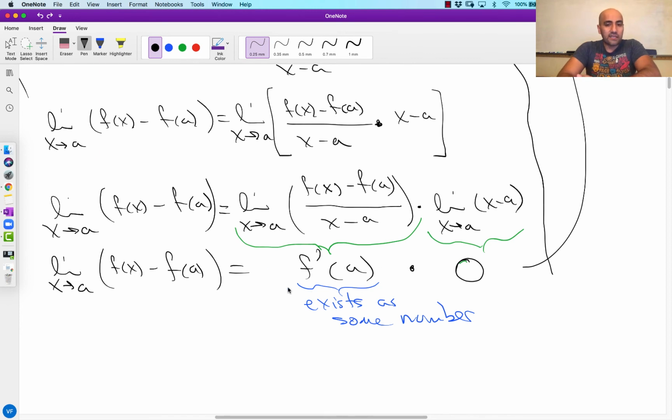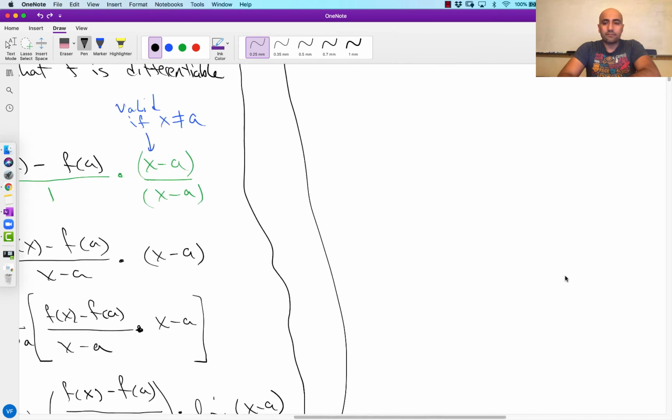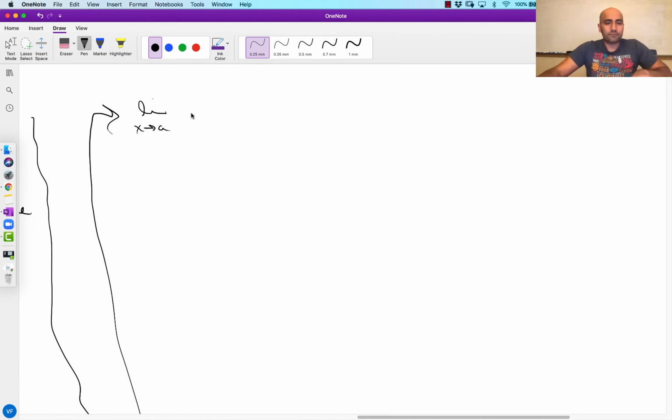But as long as it exists, it's some number times 0, and we get 0. So this limit, as x approaches a of f of x minus f of a, equals 0. Let me copy that up here. All that work lets us conclude that the limit as x approaches a of f of x minus f of a equals 0.